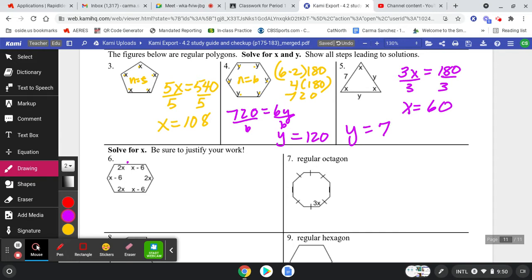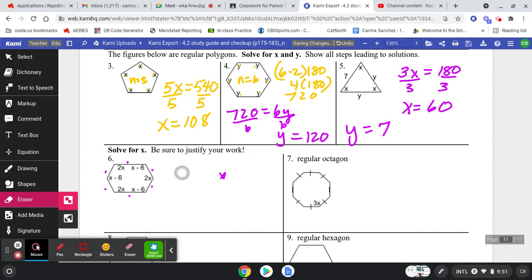Next one is 1, 2, 3, 4, 5, 6, another hexagon. We just figured out in number 4 that a hexagon should be equal to 720. But if you don't remember that, just do n minus 2 times 180, and your n is 6. So this is going to be equal to 2x plus, oh man, I'm going to run out of space on this one. Hang on.